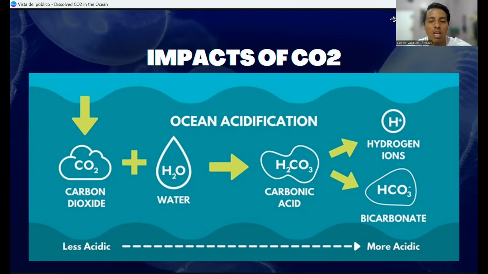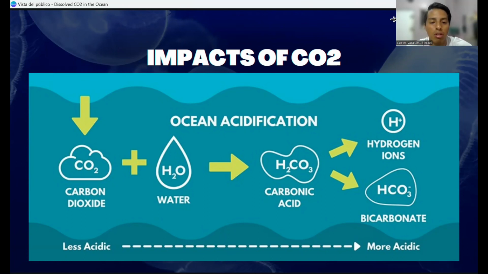As anthropogenic sources of atmospheric CO2 have increased since the industrial revolution, the oceans have been absorbing an increasing amount of CO2, and researchers have documented a decline in ocean pH from about 8.2 to 8.1 in the last century.